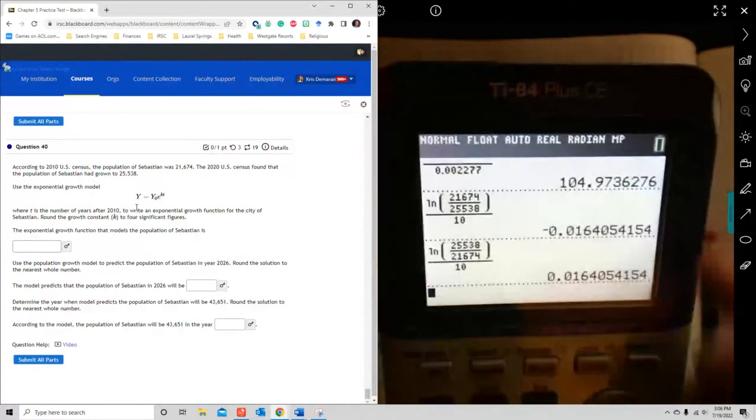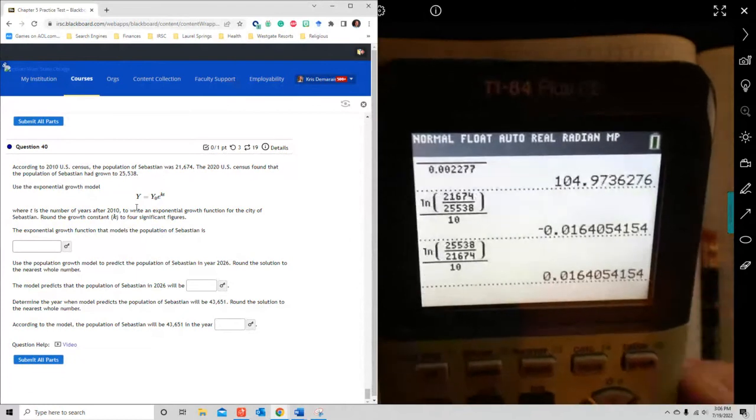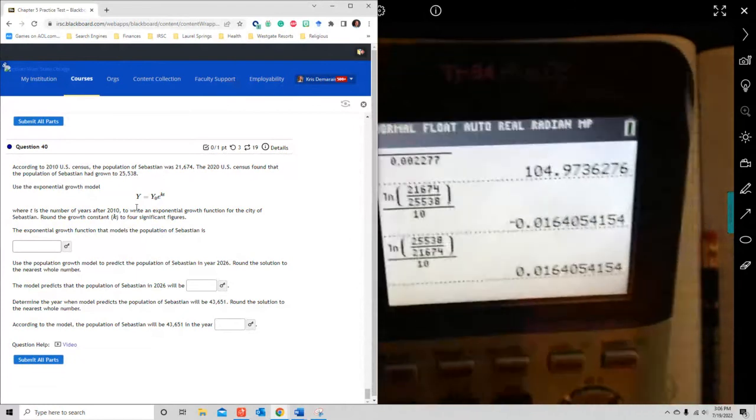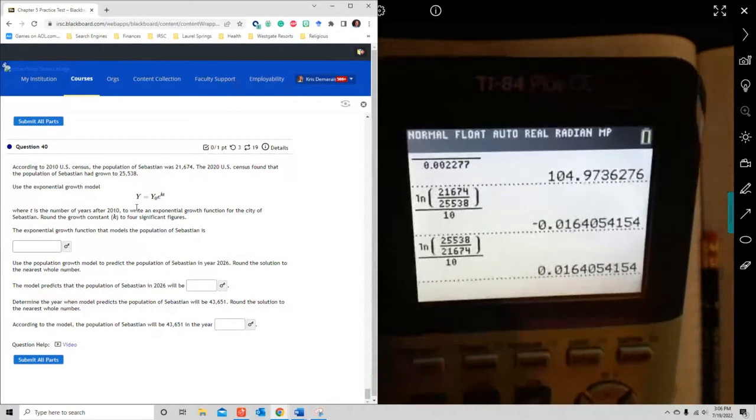Now you're probably thinking to yourself, well, these are the same exact answer, except one's negative, one's positive. And yeah, kind of, you're right. That's a good assumption, but always put it in right.